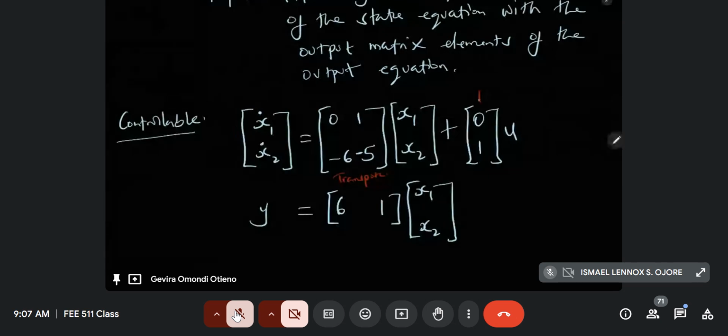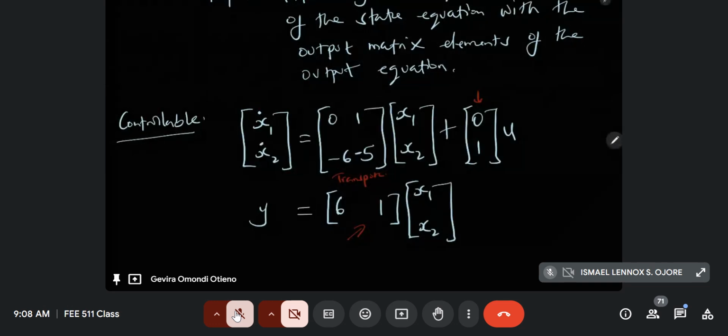The input matrix is this one. In this case, it's a vector. We have to interchange them with the elements of the output matrix, so we interchange them with this matrix here. That is how we obtain the observable canonical form.